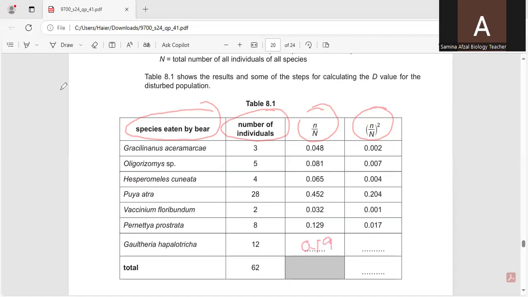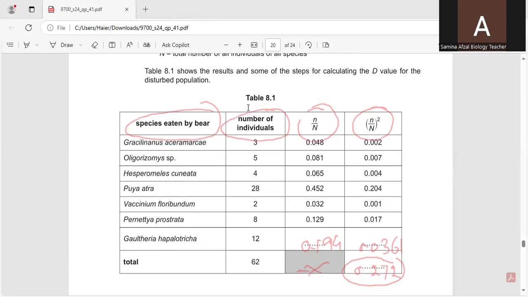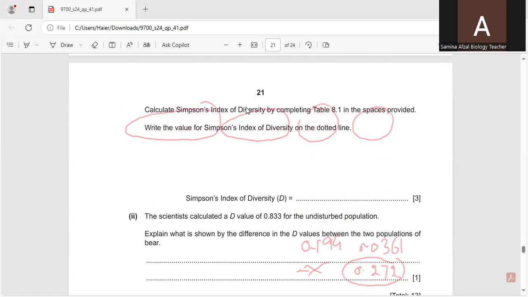When squared, it will be 0.0361. When we take the total of this, after calculating, it becomes 0.272. We will make use of the calculator and find out the answer.